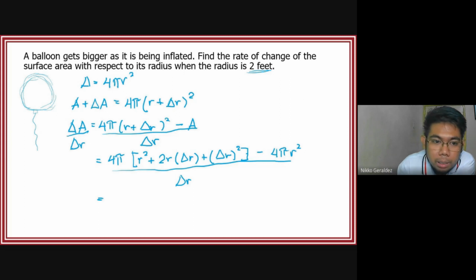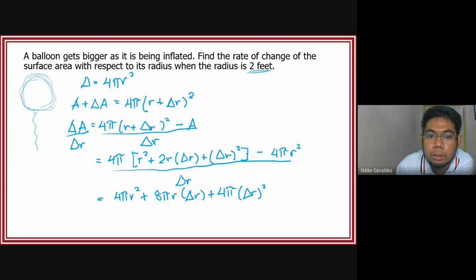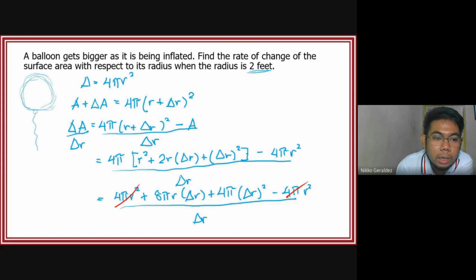So we have 4 pi r squared plus 8 pi r delta r plus 4 pi delta r squared minus 4 pi r squared, all over delta r. Next, cancel 4 pi r squared. So matitira na lang sa numerator 8 pi r delta r plus 4 pi delta r squared.